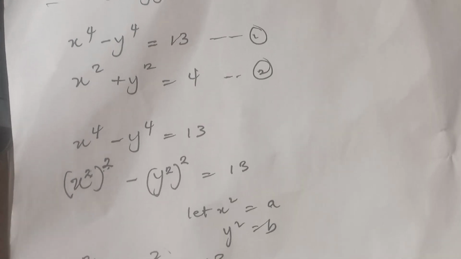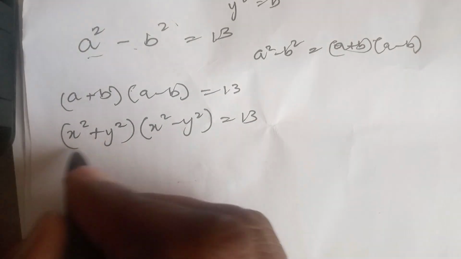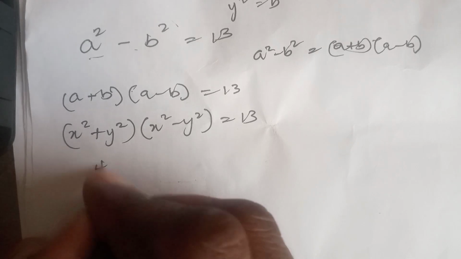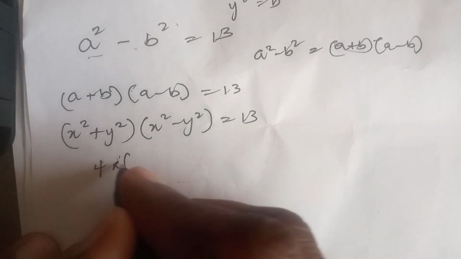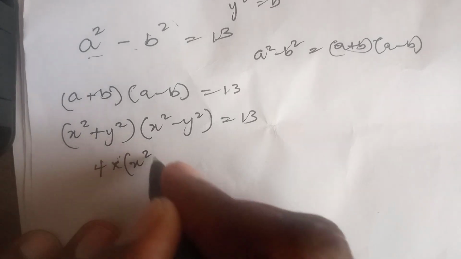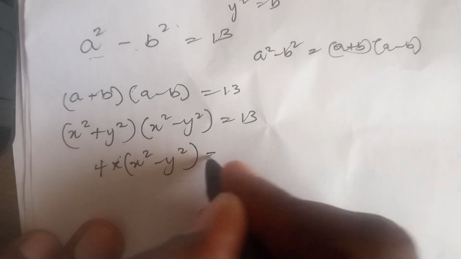So that's what we substitute here. So we have 4 times x squared minus y squared equals 13.